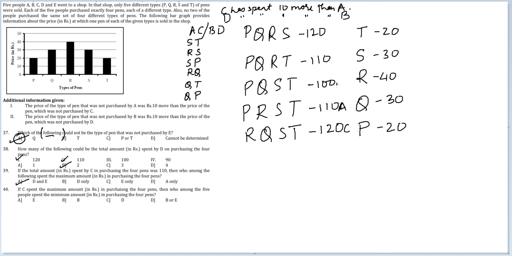Effectively, they're asking who has bought pens worth 100 rupees. I could either have D here, then B here, then E could be here, or I can have another case where D is here, B is here, and E is here. Who has spent the minimum amount? It could be B or E. Both these cases are possible. Therefore, the answer to the last question would be option D, B or E.